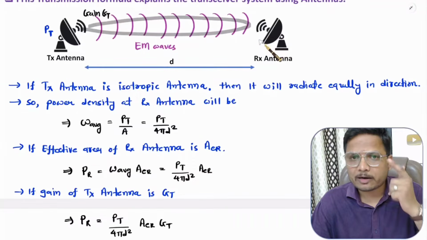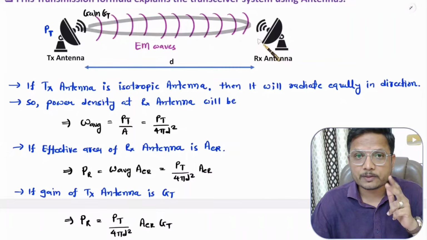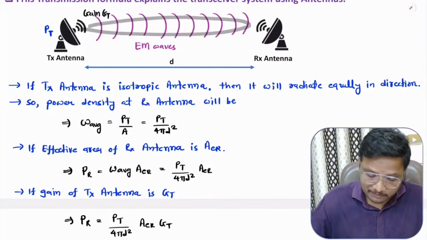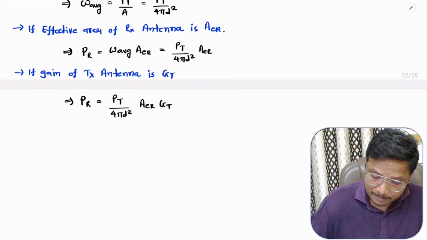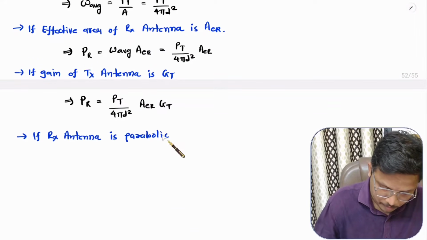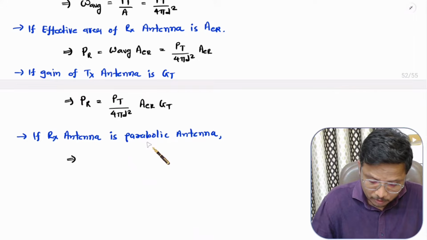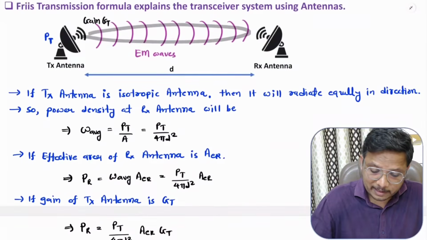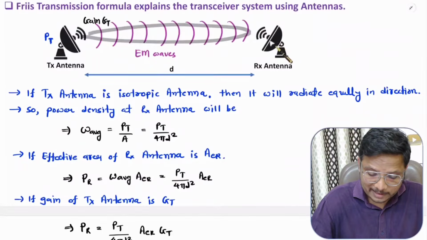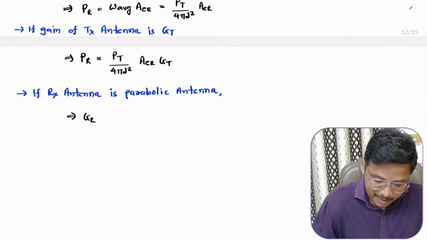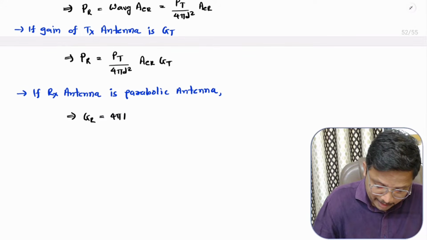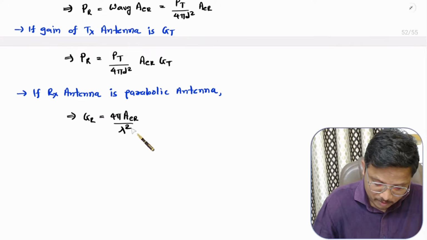Usually for long distance communication, we use a parabolic reflector antenna. If I consider the receiving antenna as a parabolic dish antenna, then the gain of the receiving antenna is 4 pi times the effective area of the receiving antenna divided by lambda square.